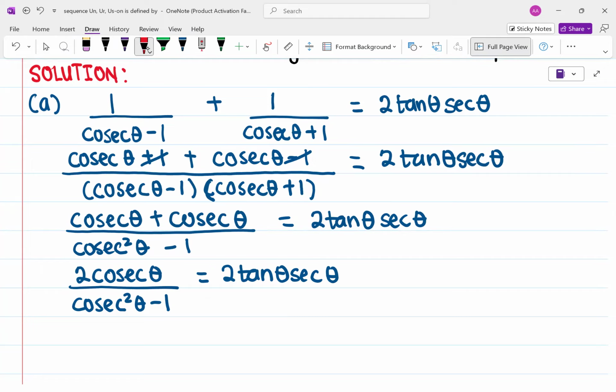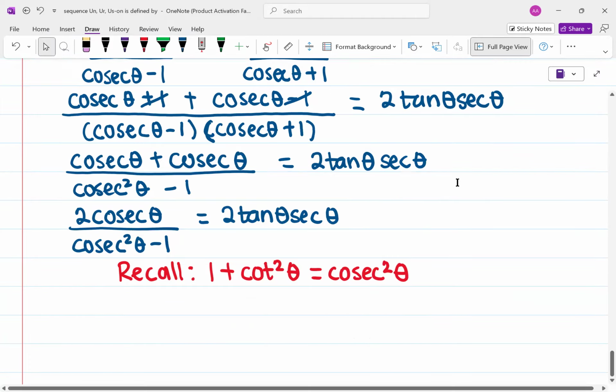Now we have to manipulate the left-hand side to apply our trig identities. You will recall that 1 plus cot square theta is equal to cosec square theta.